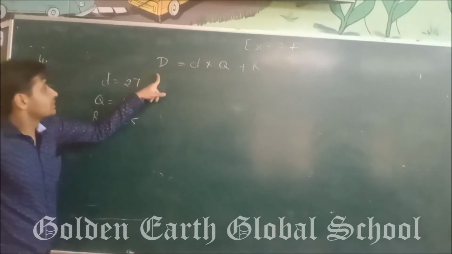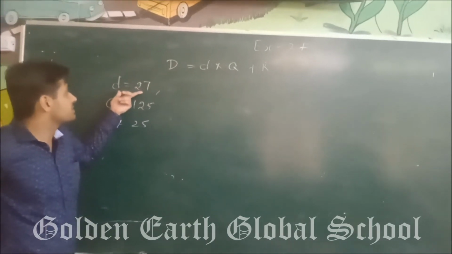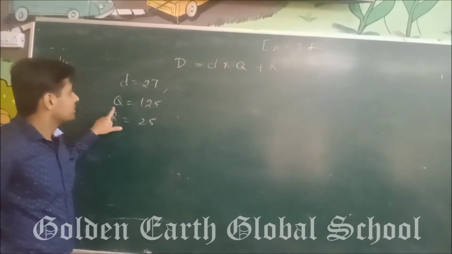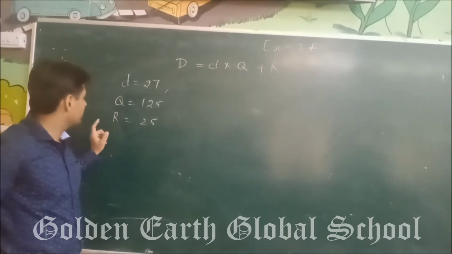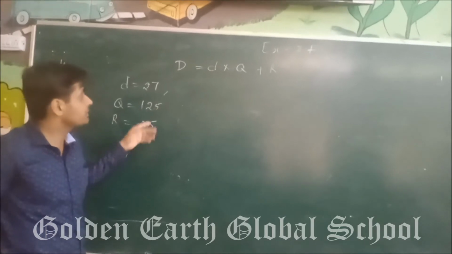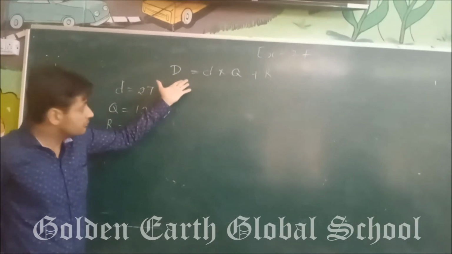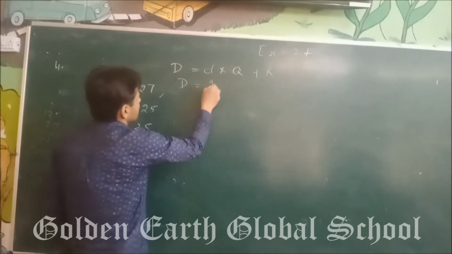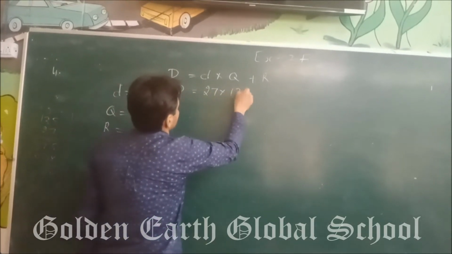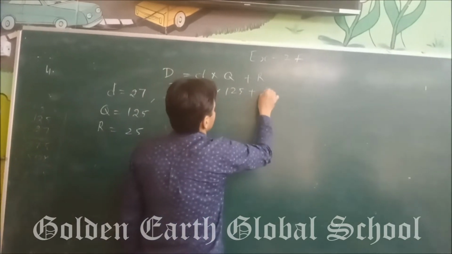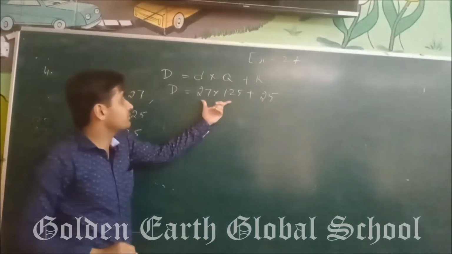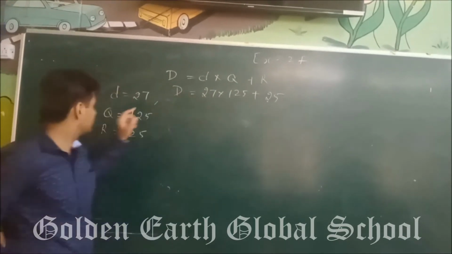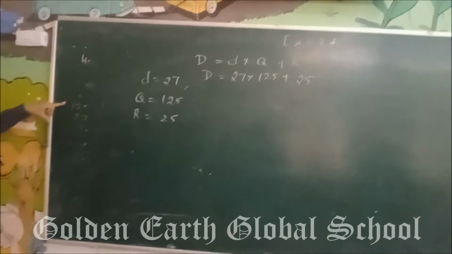In this question we divide by 27. So the divisor is 27, the quotient given is 125, the remainder given is 25. Put the values in this formula. When you multiply 125 with 27, use rough work.